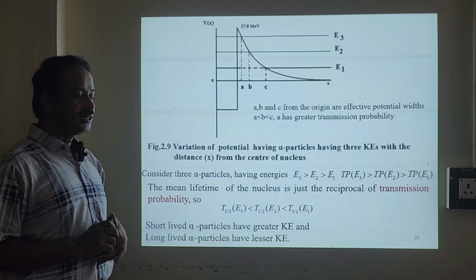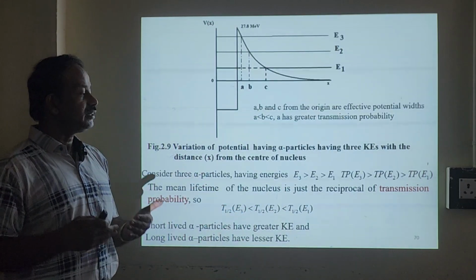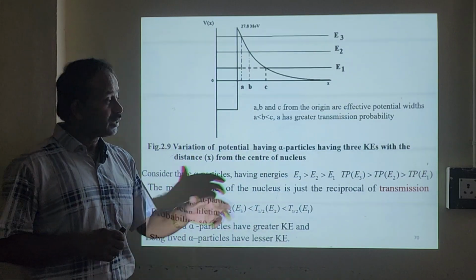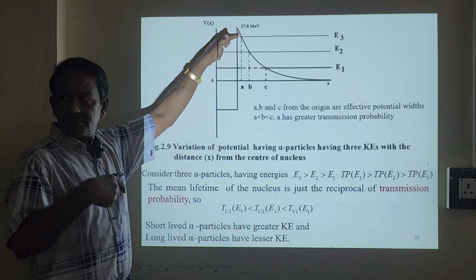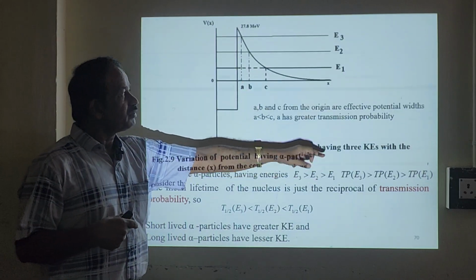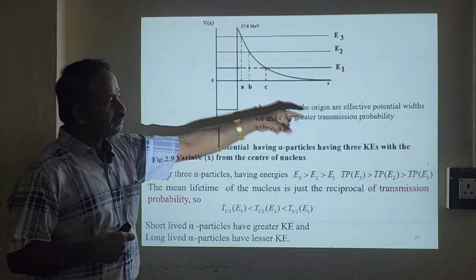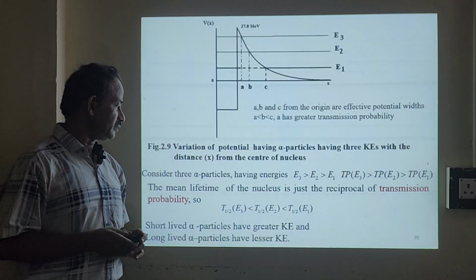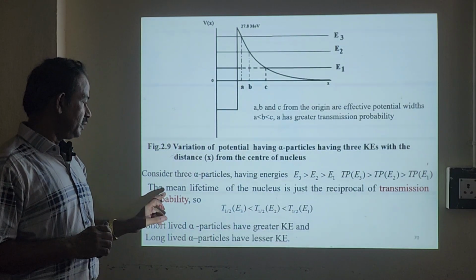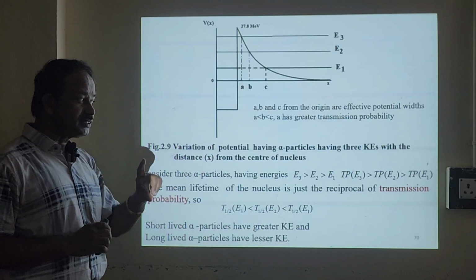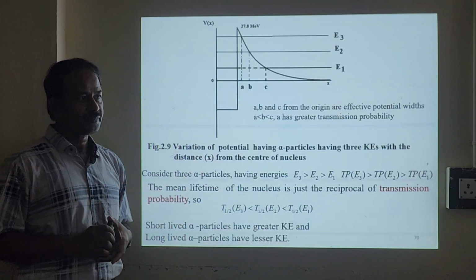Consider three alpha particles having energies E3 greater than E2 greater than E1. The transition probability for E3 will be greater. It will go immediately outside. For the lowest kinetic energy, the transition probability will be very less. As I said, this is closely connected with the half-life. The mean lifetime of the nucleus is just the reciprocal of the transition probability.